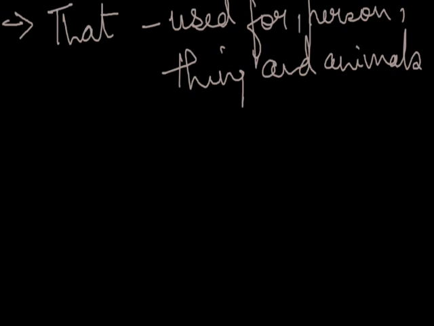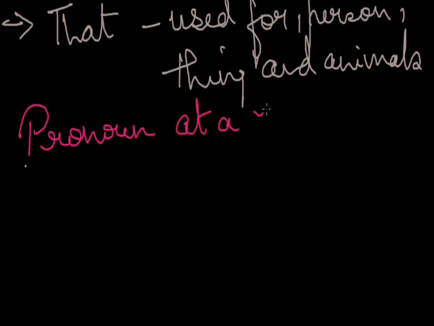It hardly matters whether you are talking about a singular or a plural thing. That is preferred to who or which, though who or which can be used equally, after the superlative degree of adjectives.